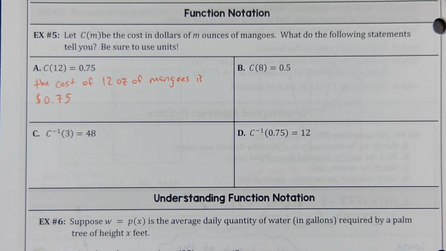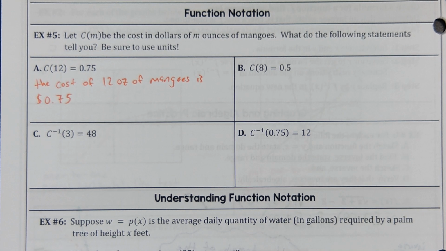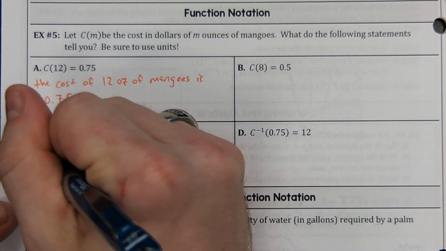So let's see, how do we want to word this? $3 worth of mangoes is 48 ounces. Ooh, that's good. $3 worth of mangoes weighs 48 ounces. Good.